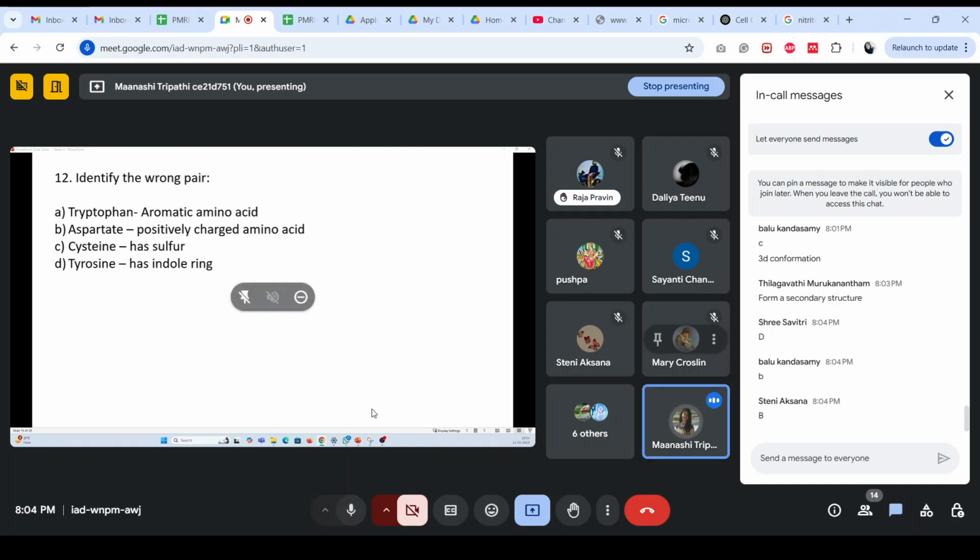I can see two options here, D and B. Others can also try.